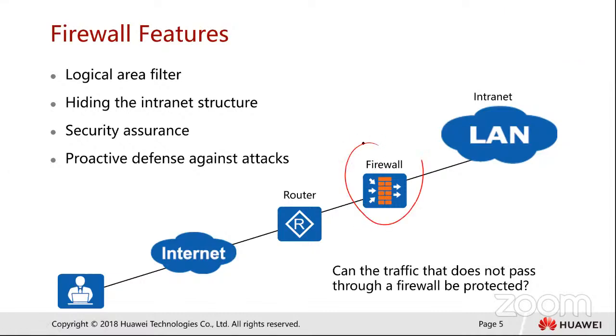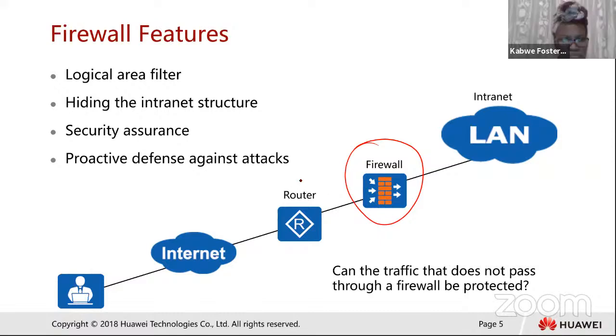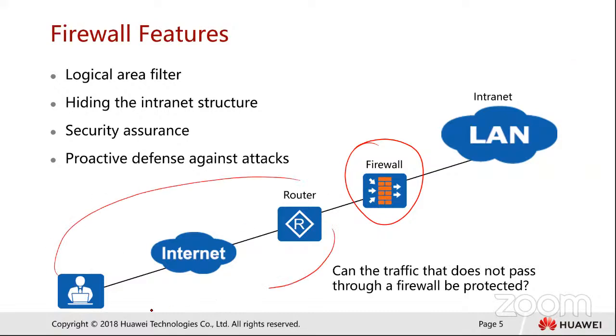So you can have your firewall placed in between your intranet, or your most trusted zone, and the other networks, which could also be the internet. This is our intranet, and this is the internet or other networks, and we can have a firewall there to help us defend against attacks, to give us assured security, and also to help us hide our internal infrastructure.